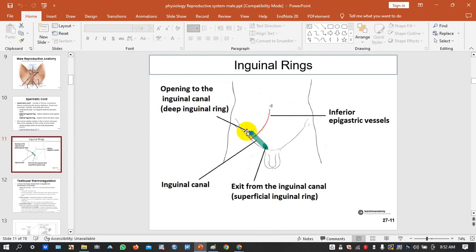The entrance of the inguinal canal is called the deep inguinal ring. Then the exit is called the superficial inguinal ring because it's towards the outside, but the deep inguinal ring is towards the pelvic area. It's buried inside the pelvic area, but the superficial is coming out, like the way the scrotum has come out of the body. So we have the superficial inguinal ring and the deep inguinal ring.